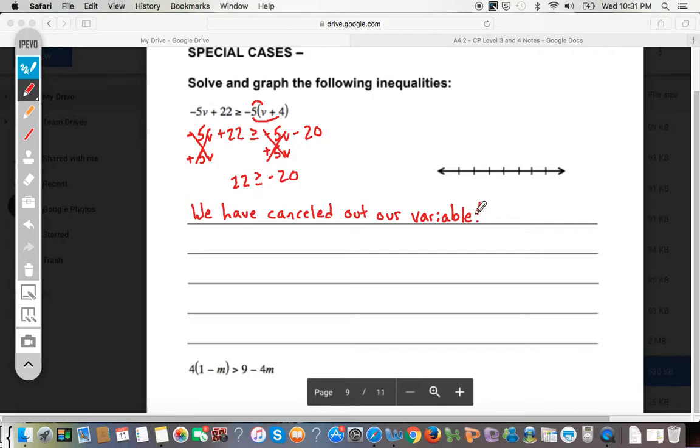This is exciting stuff. Okay, so now we have two options. Okay, so let's first ask ourselves, is our inequality true?